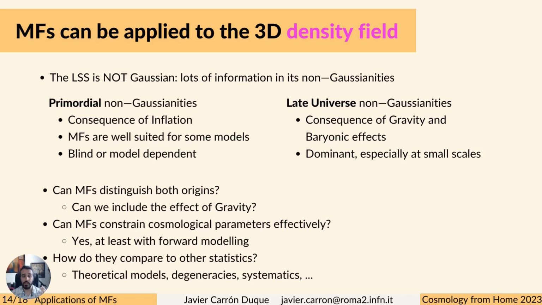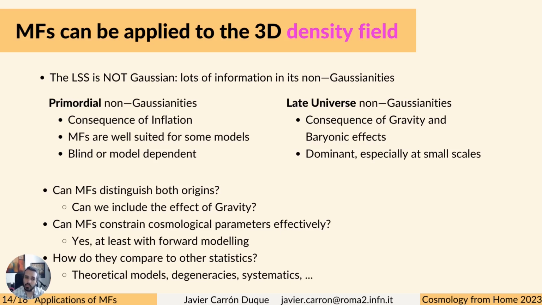Now, there are several questions that arise, like, can we use Minkowski functionals to distinguish between them? Can we include the effect of gravity in the theoretical predictions? Can we use Minkowski functionals to constrain cosmological parameters? Well, some recent literature has shown that yes, at least with forward modeling, with simulations. Other than that, we don't know if there is a more efficient way.